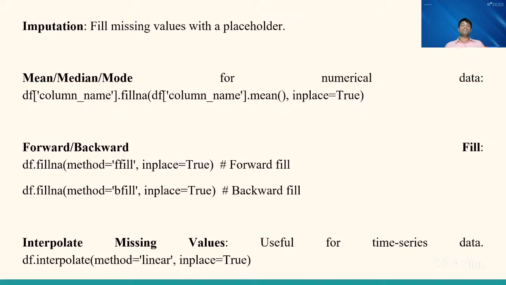Replacing the missing value with a median value is very suggestible. Interpolation is basically used for time series data. Interpolation is nothing but Newton's interpolation, forward and backward interpolation, which was actually found by Newton.